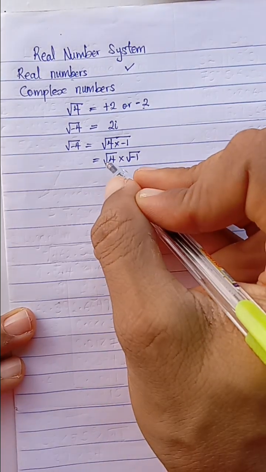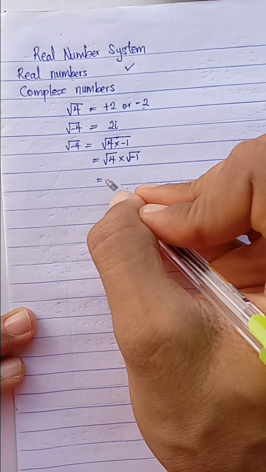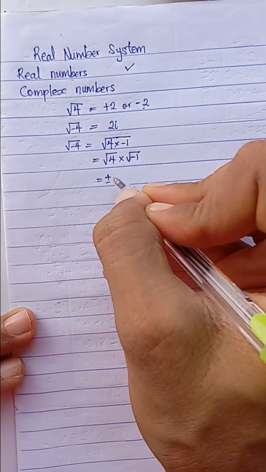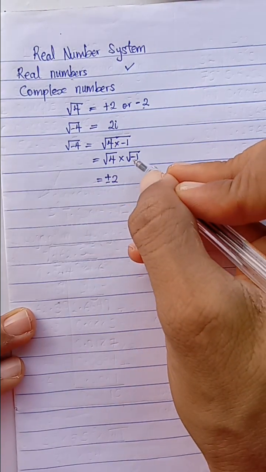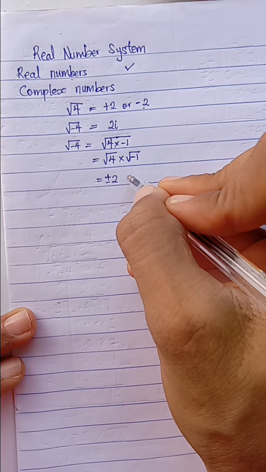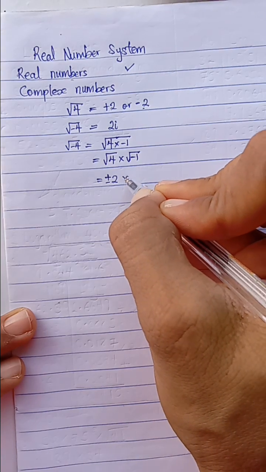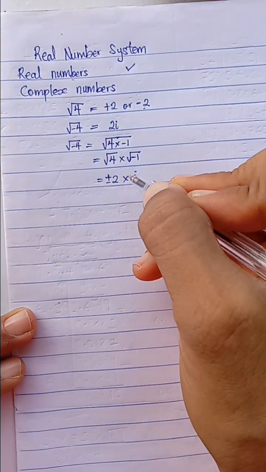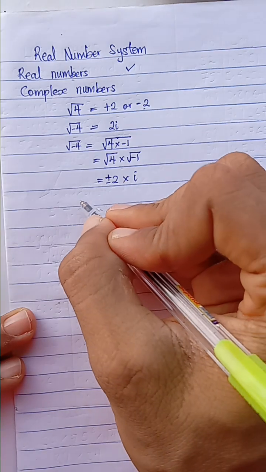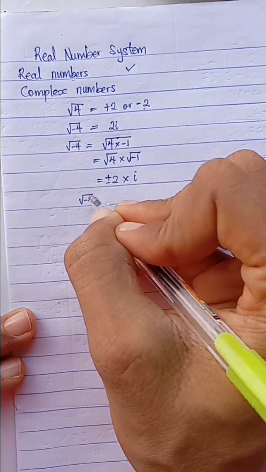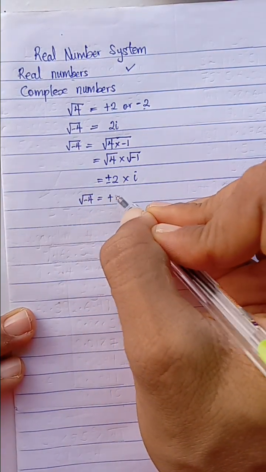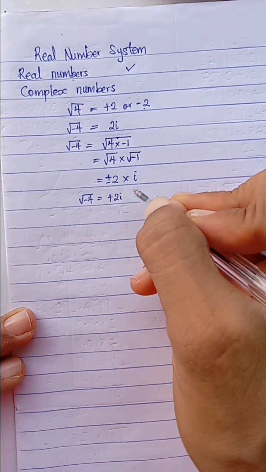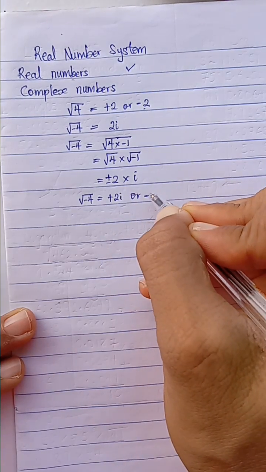The square root of 4 gives plus or minus 2, and the square root of minus 1 gives i. So the square root of minus 4 is equal to plus 2i or minus 2i.